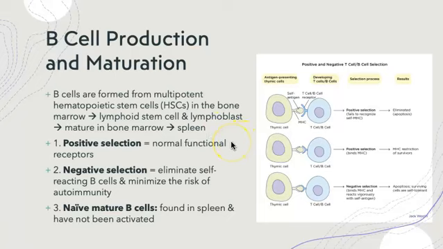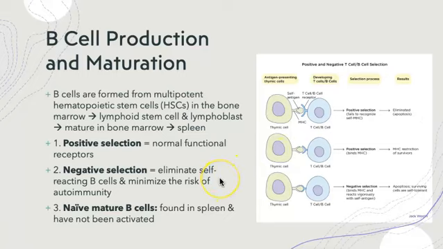We have our positive selection take place, where we are looking for normal functioning B cell receptors. And of course, if they do not function properly, we want to eliminate them by apoptosis. We can also edit or modify these receptors or have them go through the process of induction of anergy in the B cell.